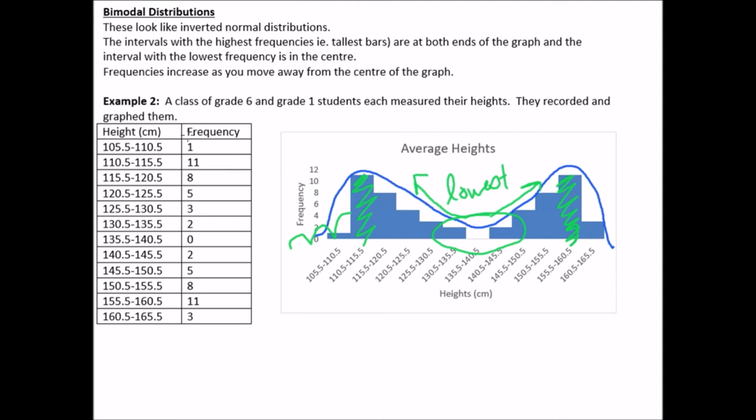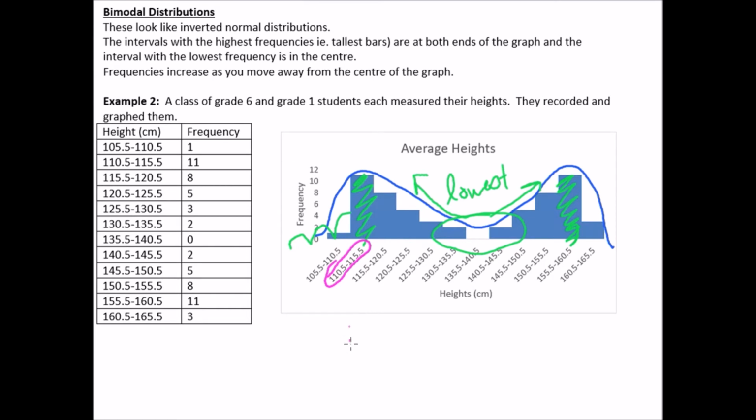An example: a class of grade 6 and grade 1 students each measured their heights. They recorded and graphed them. If you think about it, the heights of most grade 1s are going to be around the same, which is from 110.5 to 111.5.